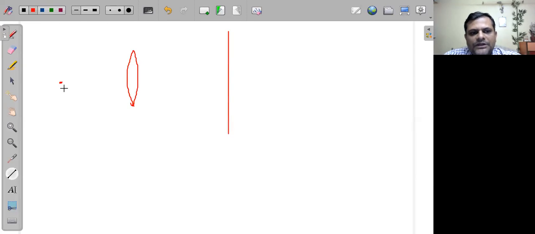If this point object emits light, or even if it doesn't emit light, the light reflected from this point object will behave as if it is emitted by it. If these rays starting from the point object pass through this lens, then on the screen they will produce not only the image of that point object, but the diffraction pattern of that point object.